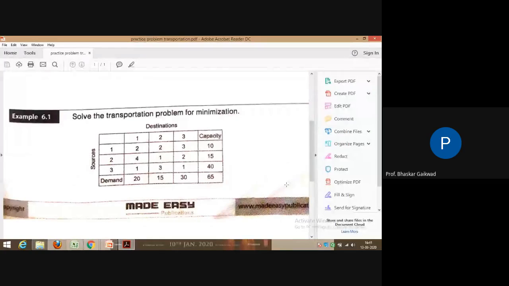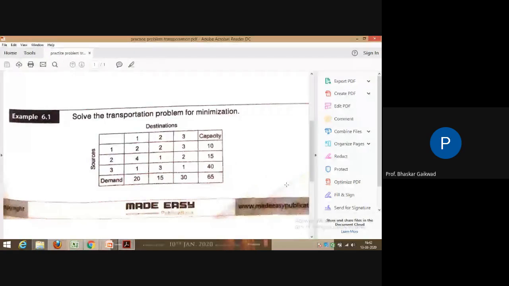Solve the transportation problem for minimization. Minimization means we have to minimize the transportation cost. So as usual, the sources and destinations are given, demand and supply is given. Here there are three columns and three rows.